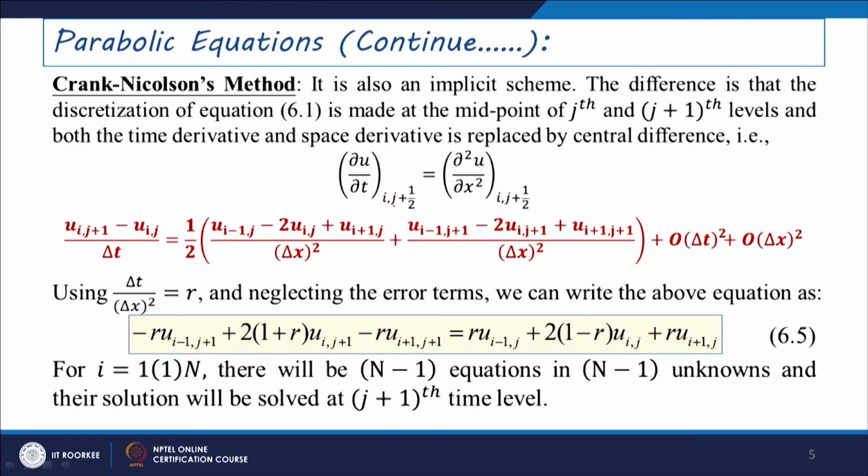In Crank-Nicolson's method, this is said to be an average scheme. In the earlier explicit method, we considered these values at the uij level, and in the next level we considered the implicit scheme, where the computation is going at the node point at the (i, j+1)th level.